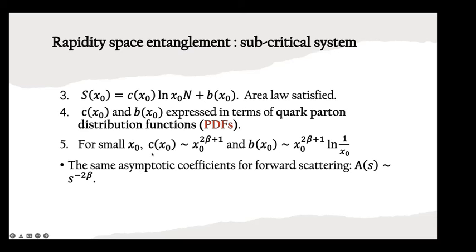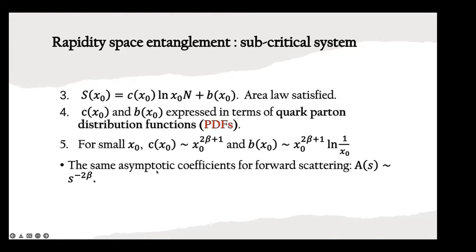And furthermore, the small x naught asymptotic behavior of these coefficients is expressed naturally in terms of beta coefficients that appear in the 't Hooft equations to describe the edge behavior of the 't Hooft equations.